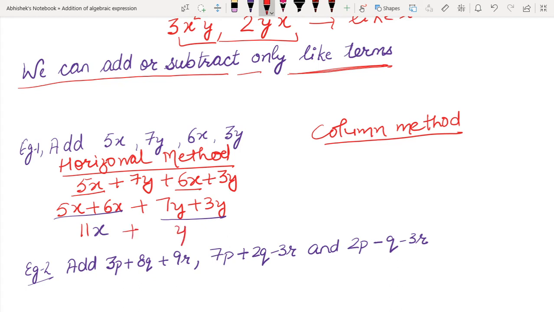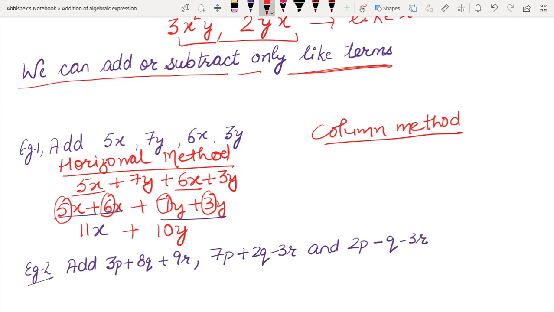Then y remains as it is, 7 plus 3 is 10. We will add only their coefficients and the variable remains as it is.